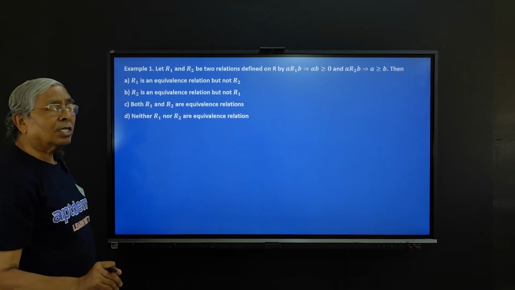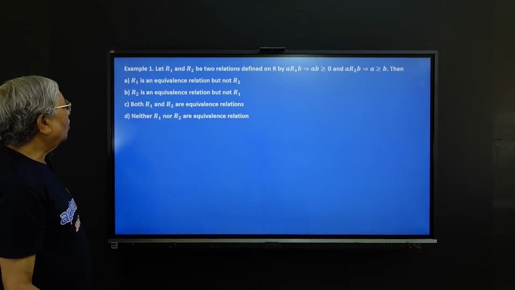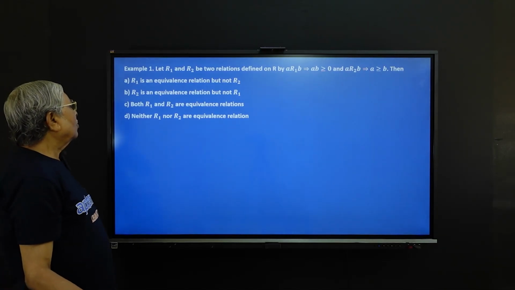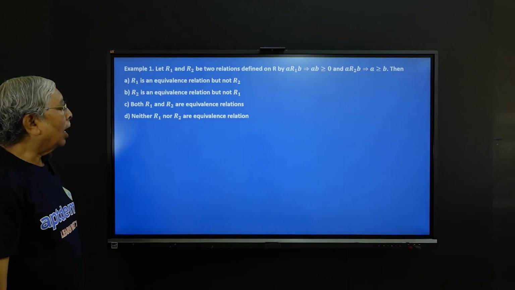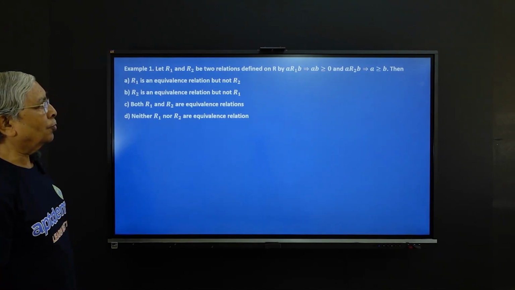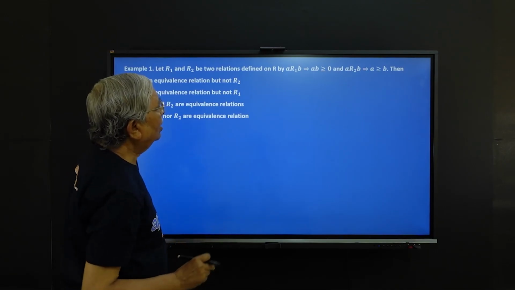R2 is an equivalence relation but not R1. Third, both R1 and R2 are equivalence relations. Fourth, neither R1 nor R2 is an equivalence relation. Which one is true? So let us first discuss the first one.